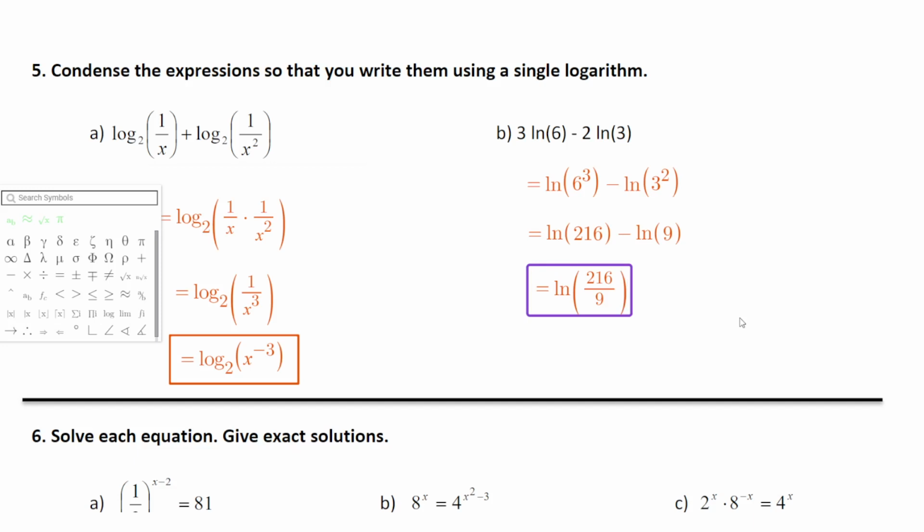I'm trying to think, is that something that we can simplify? Yeah, see, 9 goes into 216 24 times. So yeah, that divides evenly. So let's write this as the natural log of 24.